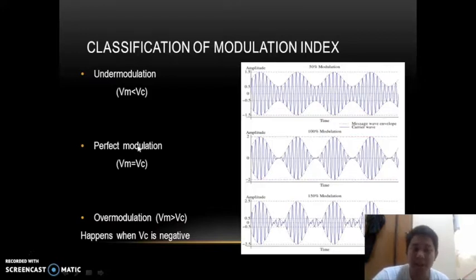During perfect modulation, Vc is equivalent to Vm, allowing our modulation index to be equal to 1, and the AM signal will always look like this. And during overmodulation, Vm is greater than Vc, allowing our modulation index to be greater than 1.